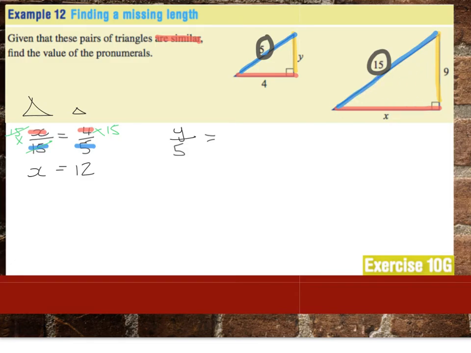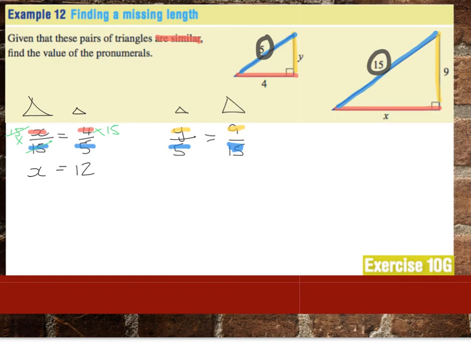So my big triangle, yellow over blue, is 9 over 15. Let's use our colors. I said that I want to find the yellow one, so y over 5, the yellow over the blue of the small triangle, equals the yellow over the blue of the big triangle.